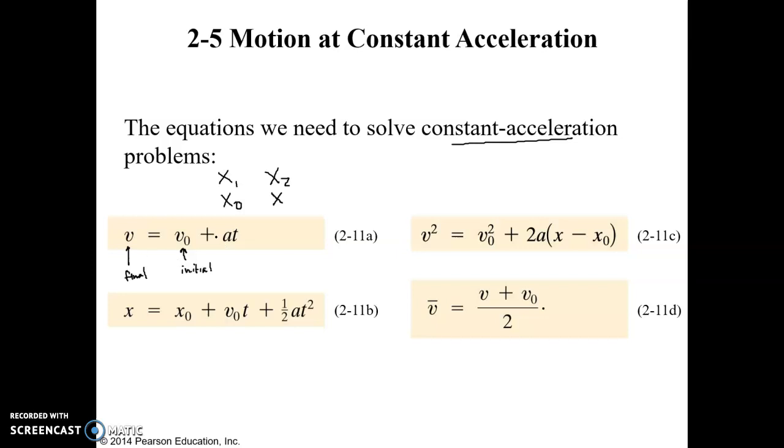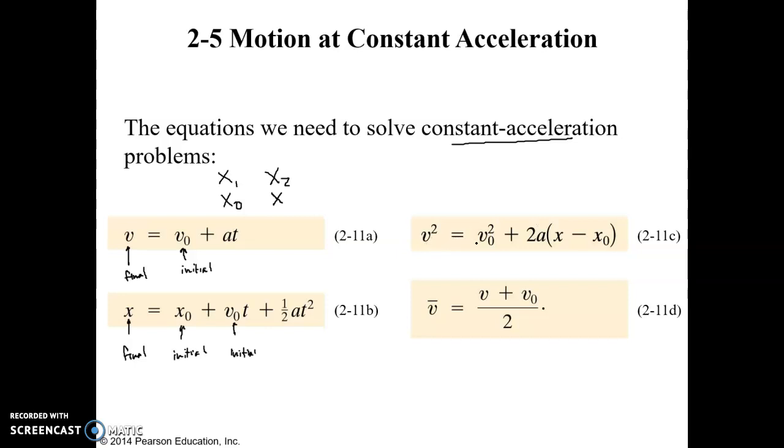So what this equation is saying is that the final velocity is equal to the initial velocity plus acceleration times time. Here we have final position equals the initial position plus the initial velocity times time plus 1/2 at squared, and so on and so forth.